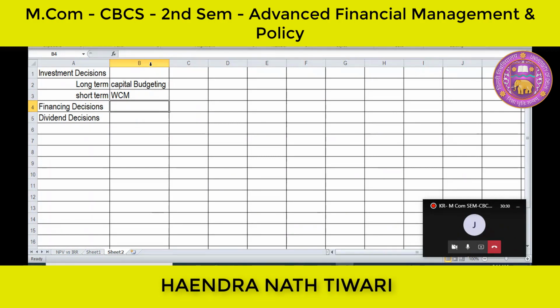And there is another funding source, which is internally generated funds in the form of retained earnings. They are also available for investment purposes. So we have financing decisions. We have dividend decisions, right?